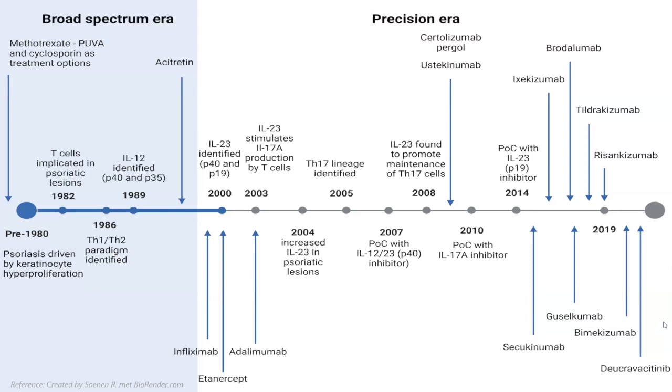It's very interesting because sometimes we are not able to prescribe the biologic because the patient is not severe enough according to the PASI score, but there is sufficient influence on the quality of life of the patient. This is measured by some questionnaire, and then we are able to prescribe deucravacitinib. So it's a very nice one in patients who are not severe enough according to an objective score.